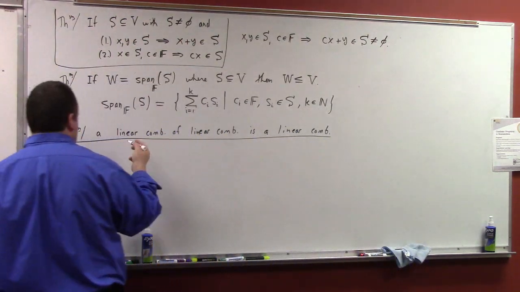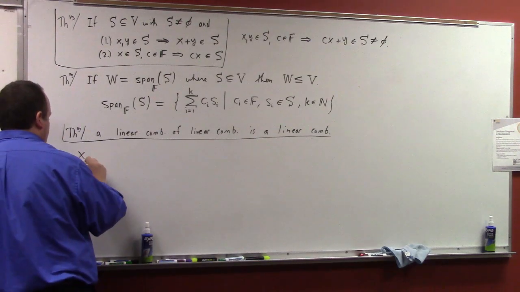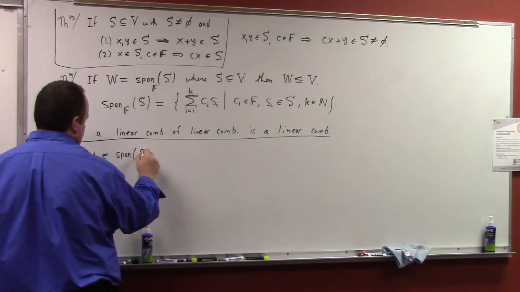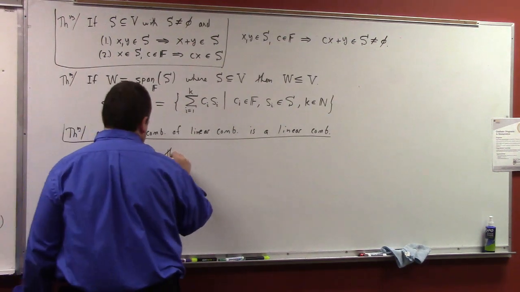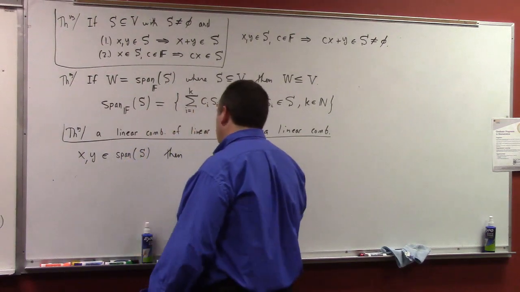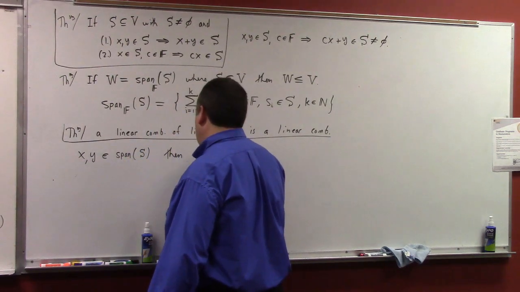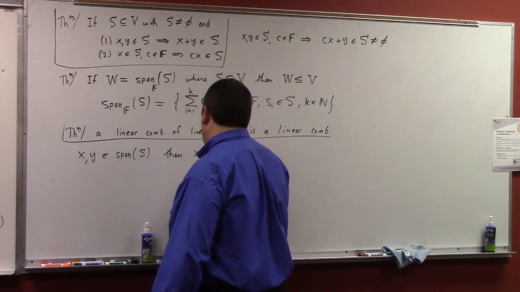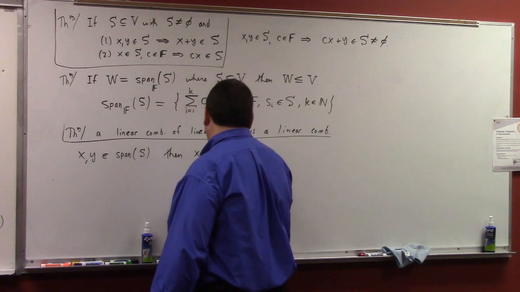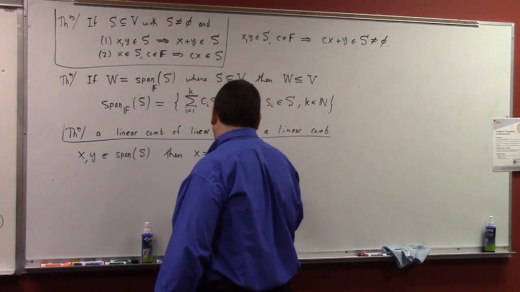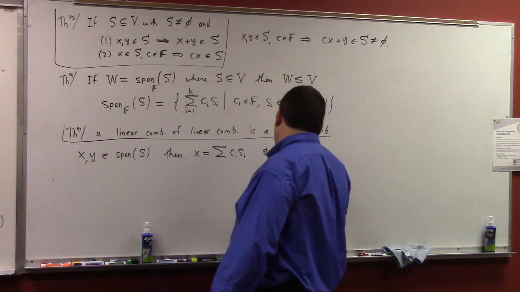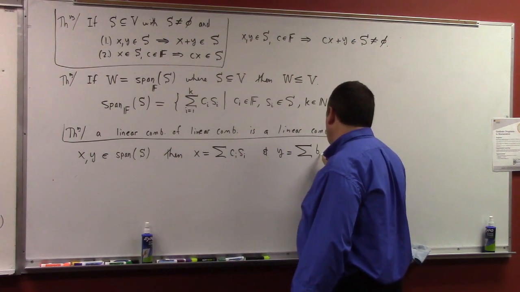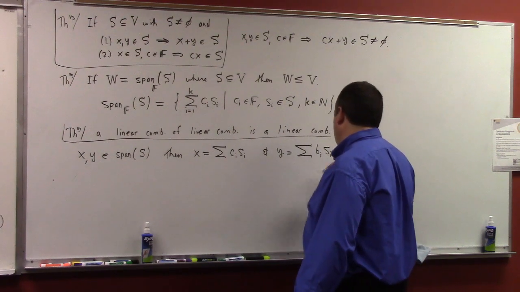Because if you have x and y in the span of S, then of course you could write x is equal to a sum of c_i s_i, and y is equal to a sum of b_i s_i.